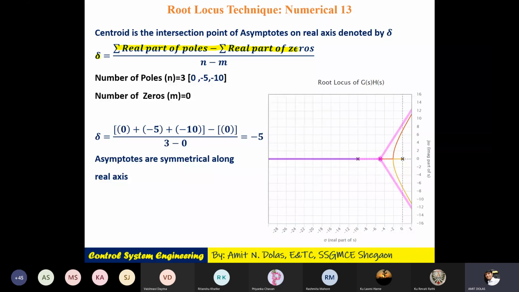Zero plus minus 5 plus minus 10, 3 poles, zeros are none, so minus 0, divided by the difference between poles and zeros, that is 3. So it will be minus 15 divided by 3, so it will be minus 5.